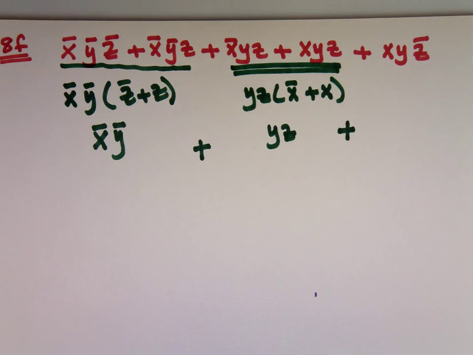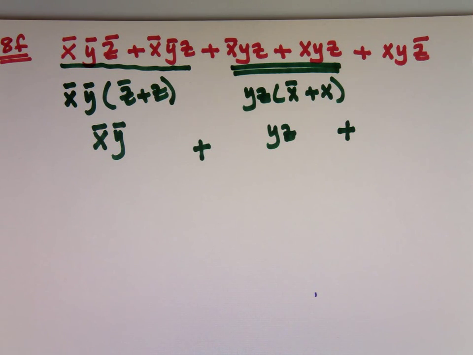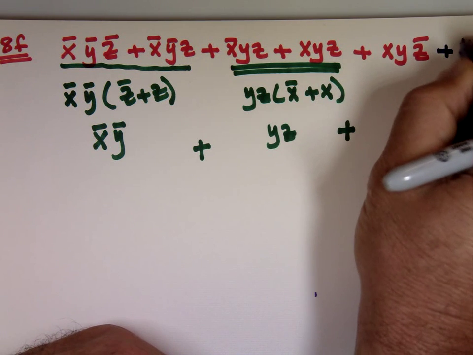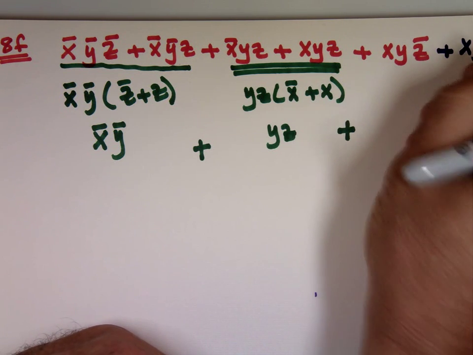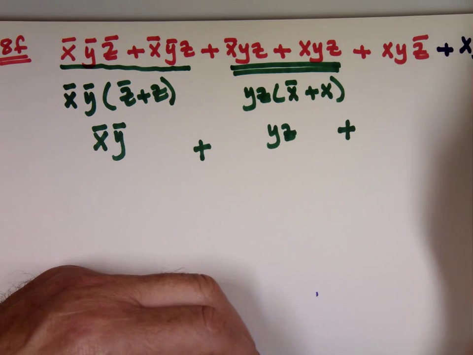Now looking at that one, X, Y, Z bar, too bad I don't have another one. If I had another one here, let's say I had a Z, not Z bar, what could I do?